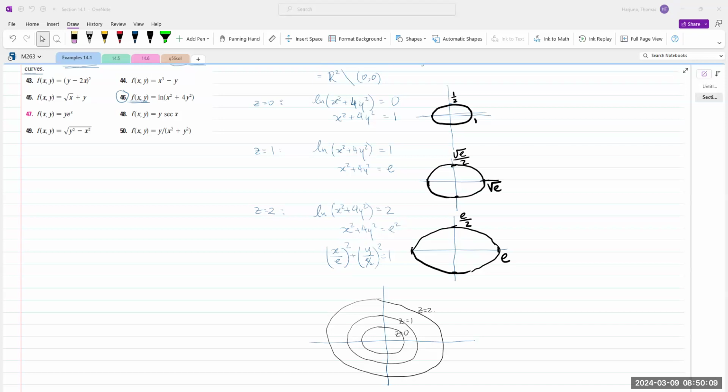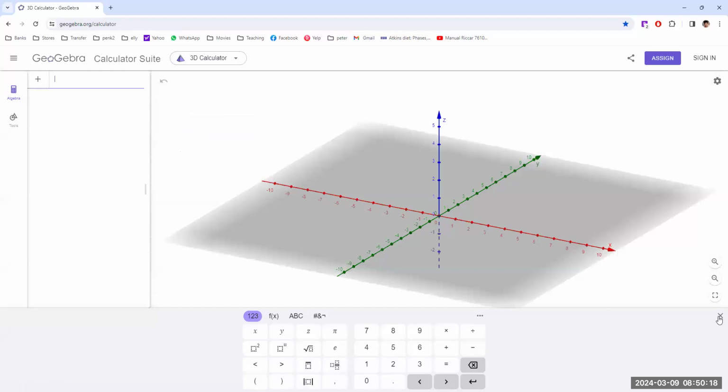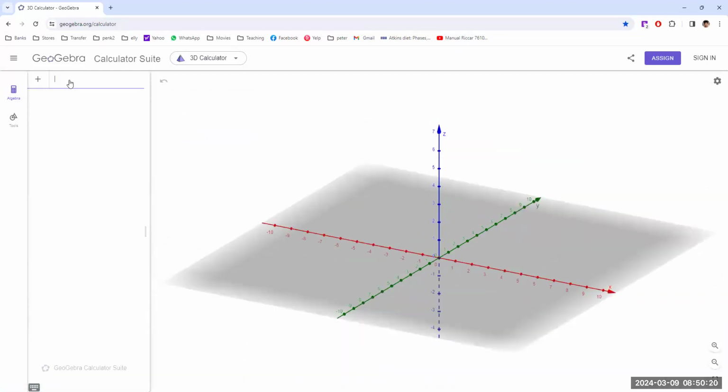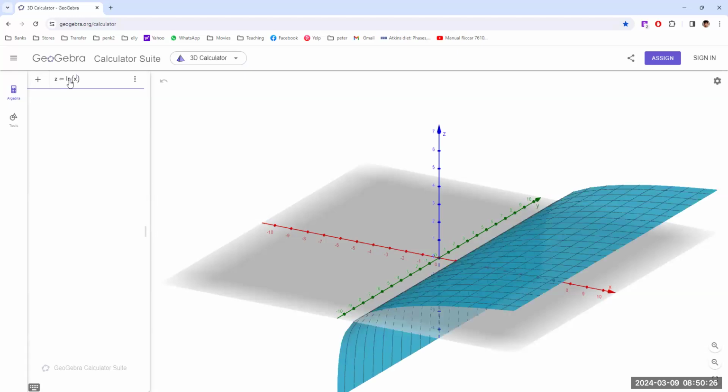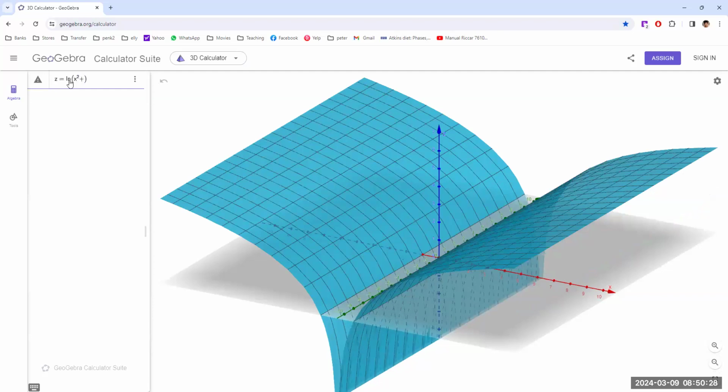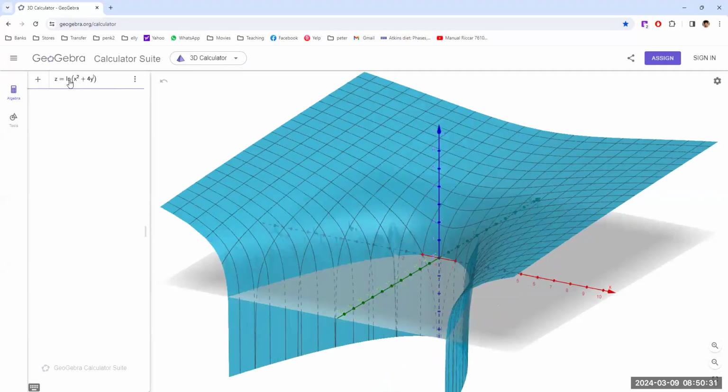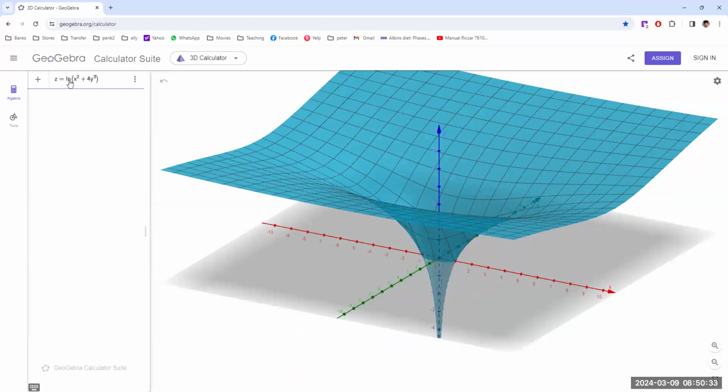So if I use GeoGebra to graph the 3D, we start with c equals natural log of x squared plus 4y squared. So that's what it looks like, right?